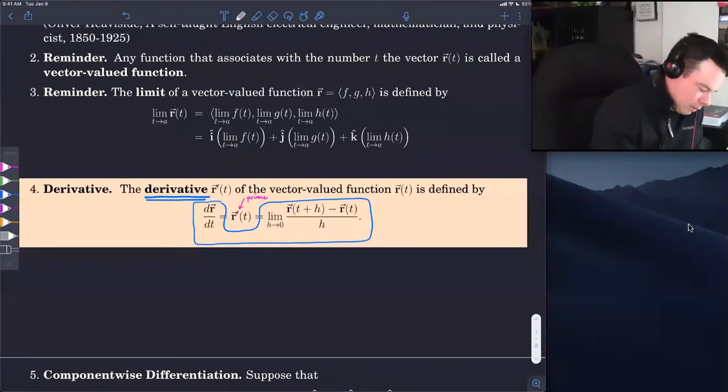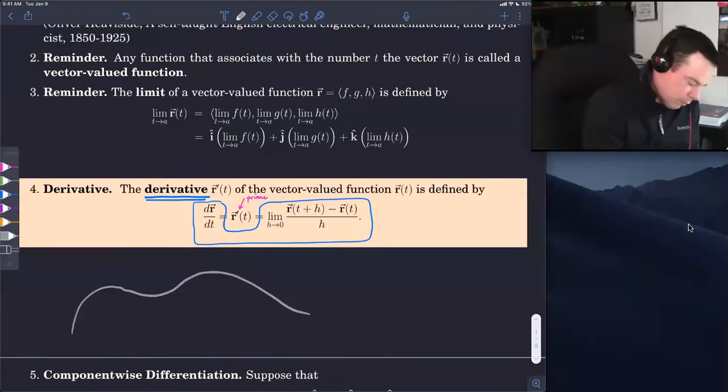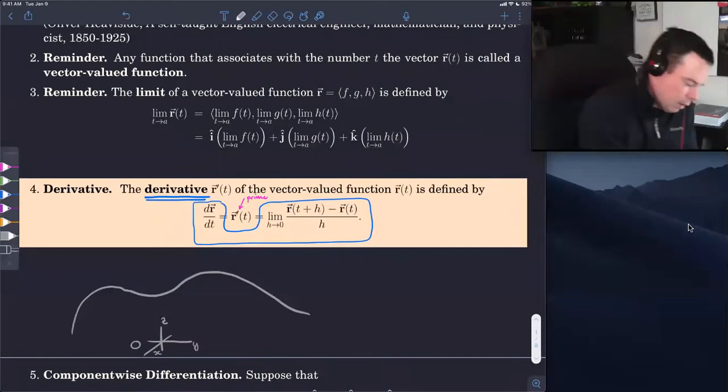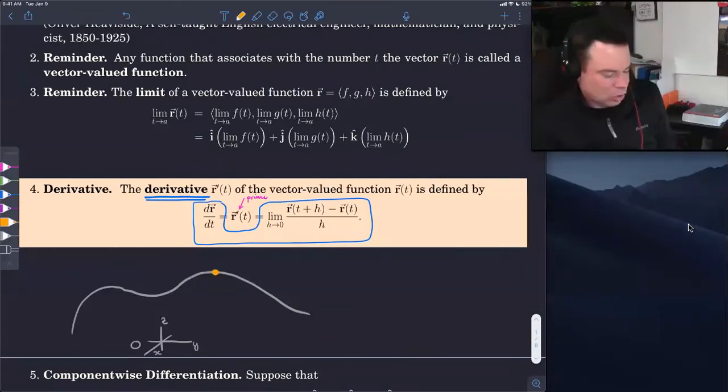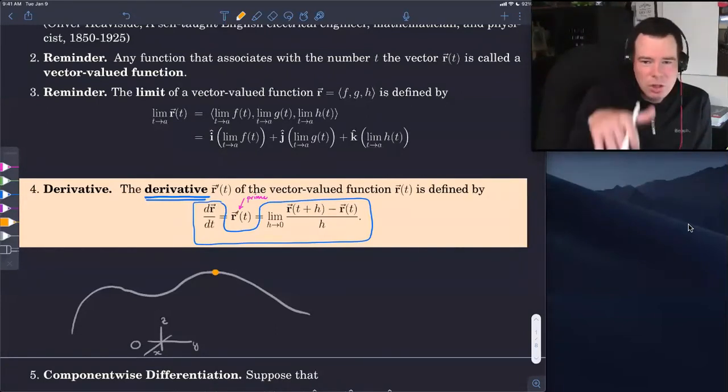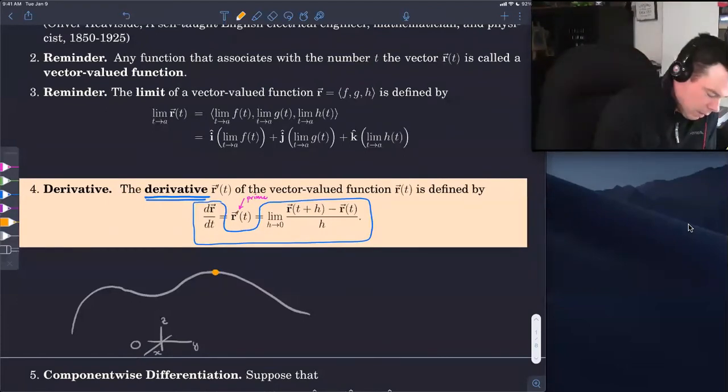So here's the corresponding picture that we'll have in mind for this. I've got some origin in space somewhere just so we can have a reference position as well as reference directions. I'm interested in how this curve is changing or moving as I move from that point to, let's say, this point.